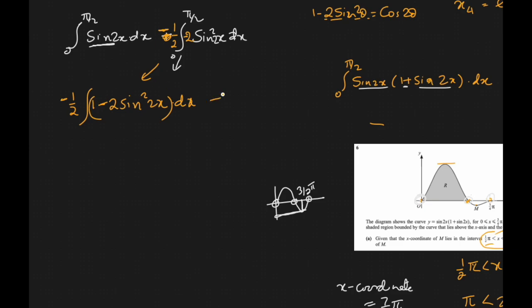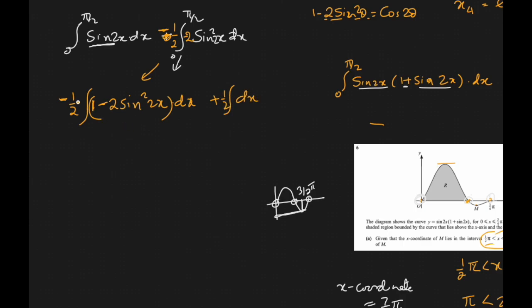That means I'll have to subtract that one also. I subtracted this minus here, so minus half I somehow subtracted, so I'll make it positive half dx.